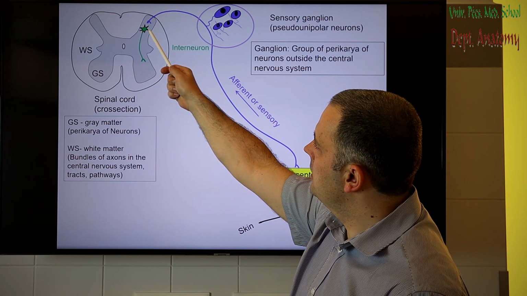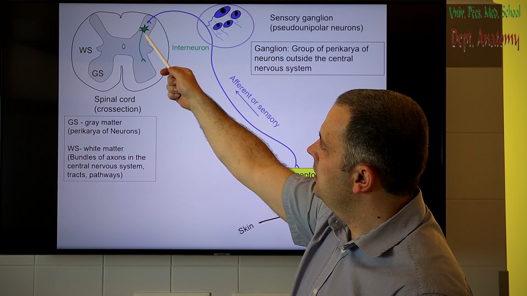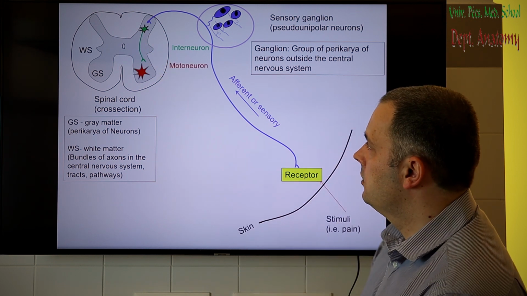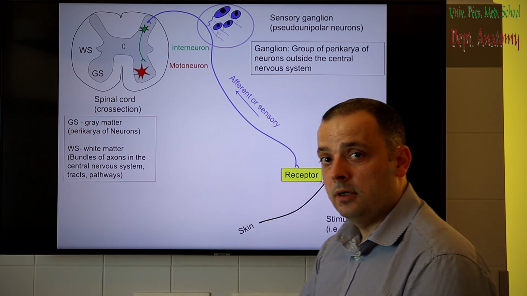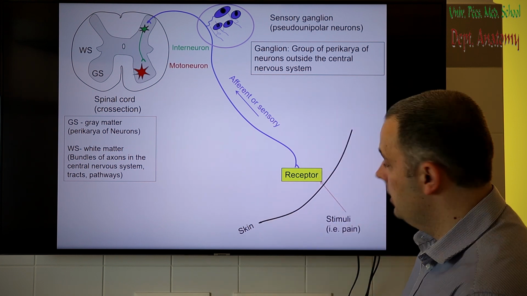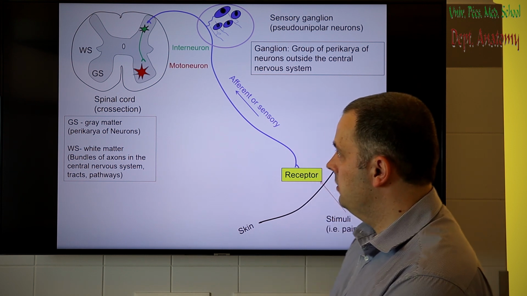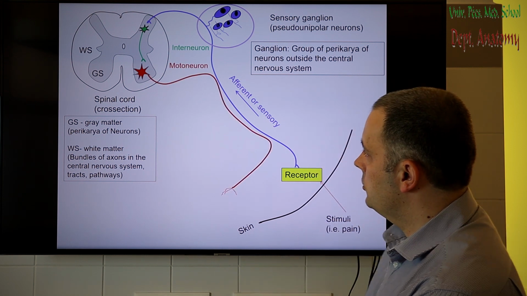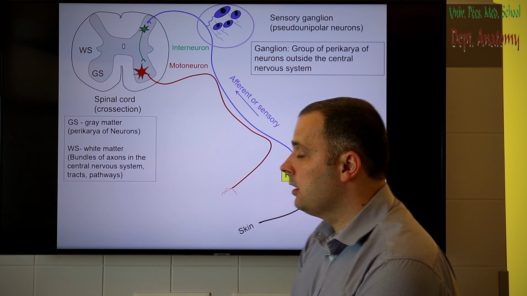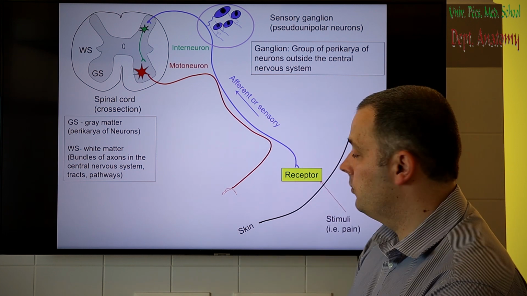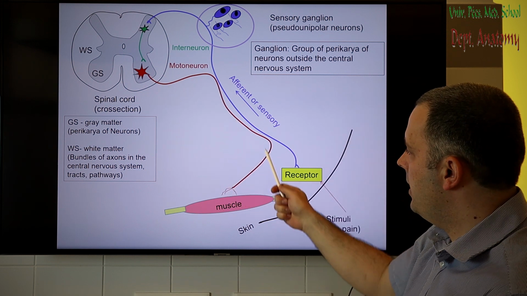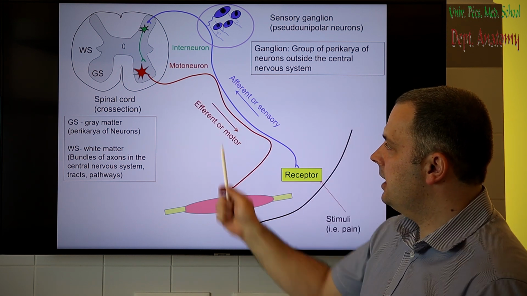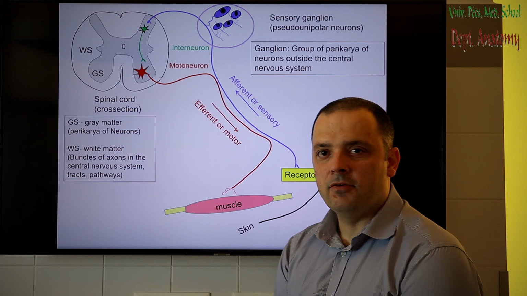Then the signal is conveyed to an interneuron. That signalizes further to a motor neuron. And now, in the periphery, you can perform something, you can do something to avoid the pain. You can release the hot object, the coffee, and in order to perform that, you have to stretch your fingers, you have to contract your muscles, and the signal now from the motor neuron comes back to the periphery, and in this case, the information goes in an efferent way.